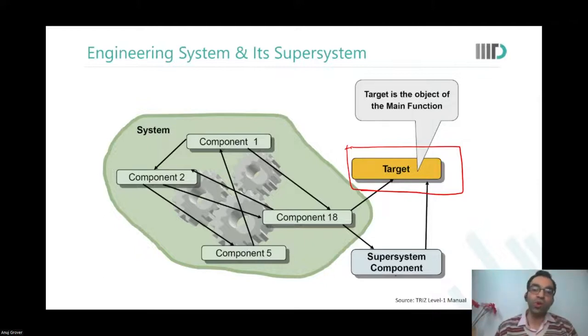Yes. So the road is a super system component, and there are some components in the engineering system which are interacting with the road. So there is some function from the system to the super system, but clearly there is some function from the system to the target. And this function is called the main function.